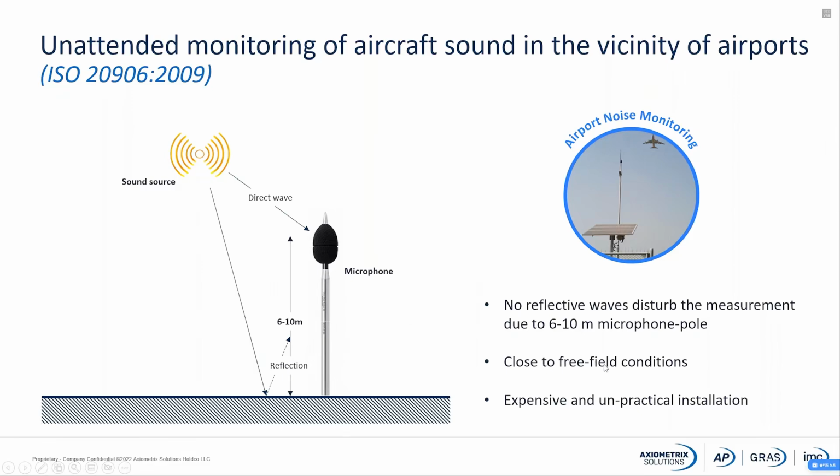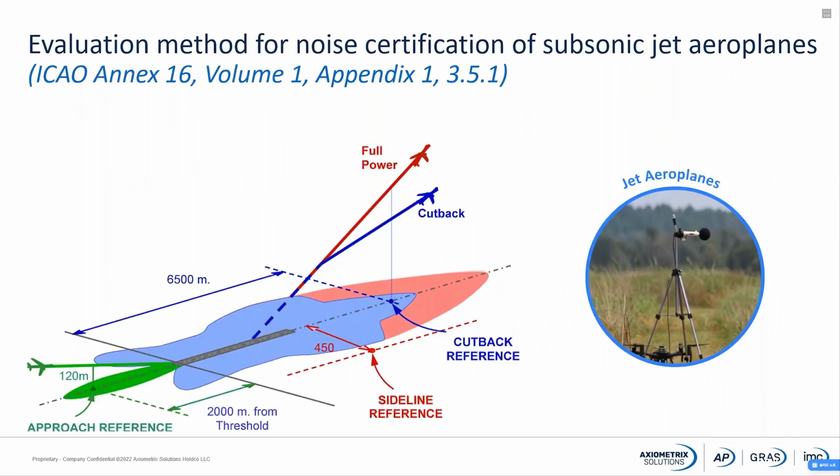So it is close to a free field condition, but unfortunately this is mostly for fixed installations because it is quite expensive and impractical to have a 10-meter mast when you just do a test campaign for something. It's very difficult to erect masts of that size. So even though it is a free field condition, it is a little bit impractical, this one.